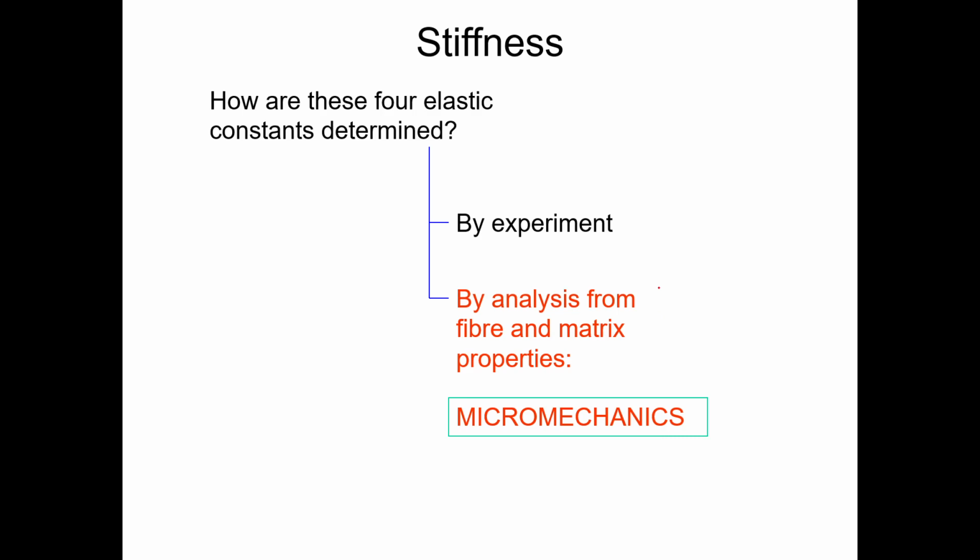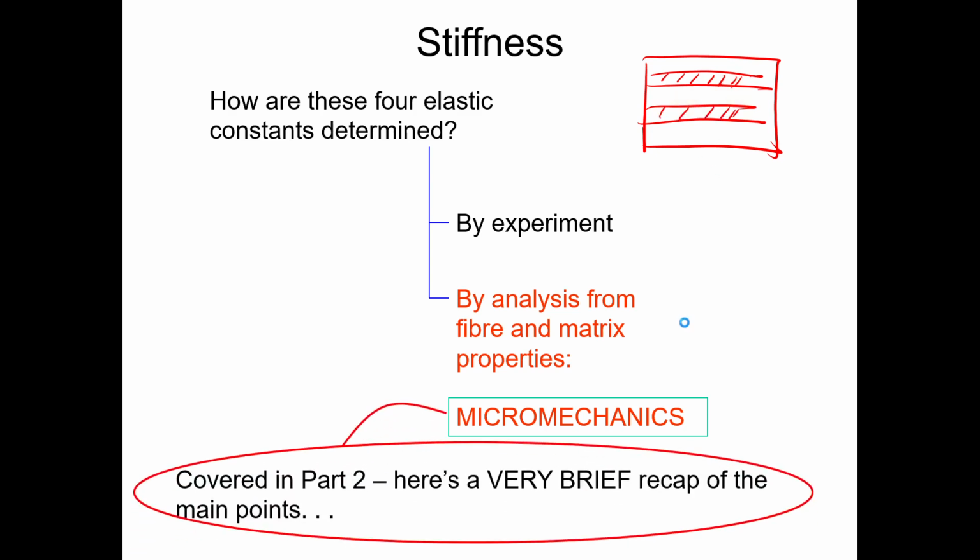You use the rule of mixtures to calculate the equivalent modulus or strength based on the volume fraction of your fiber and matrix, if this is the fiber and the rest of it is matrix. Okay, I think that's all for today.